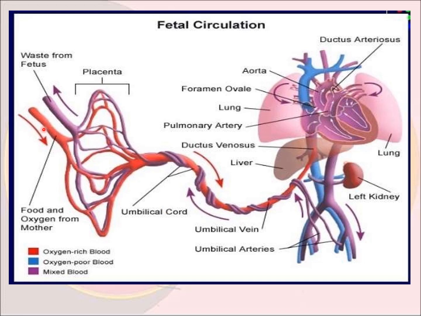See, here it has reached up to here. This is the ductus venosus, the connection between the umbilical vein and the inferior vena cava, and it will go to the heart.